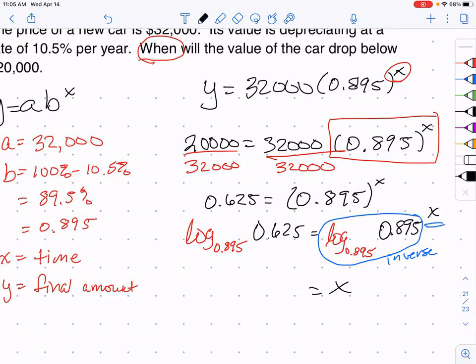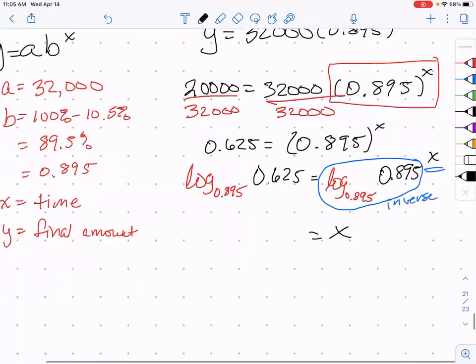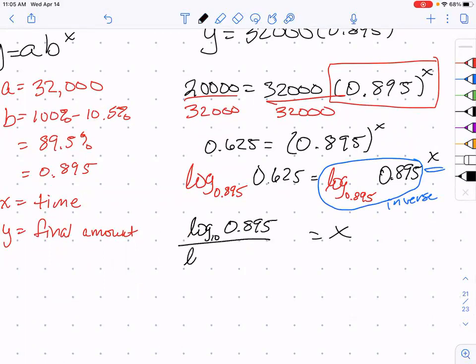On the left-hand side, it's just a calculation, but my calculator won't do that. So what do I need? Log base 10. Now we can calculate that answer. We guessed 2, 3, 4 years.